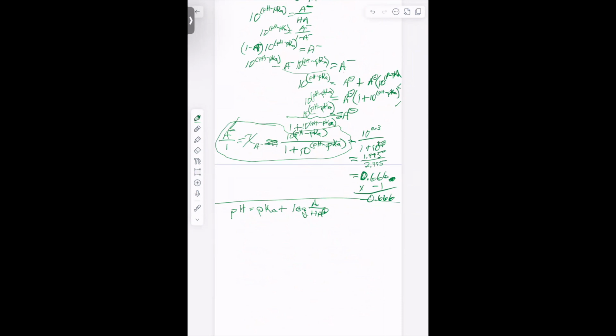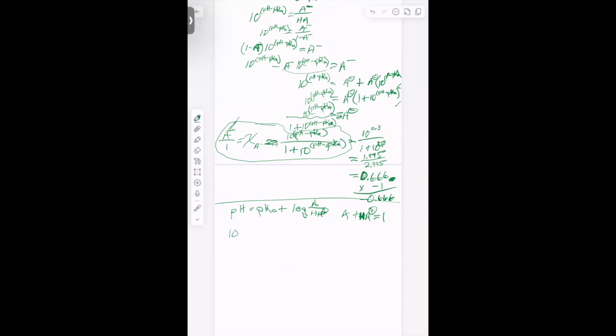So we make the same assumptions as before. A plus HA plus is equal to 1. So moles of each, and we'll do this all in moles again. Then we go through all the steps, and I'm going to jump a few steps here.